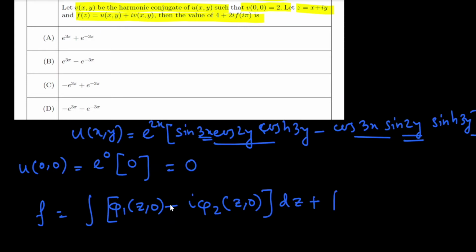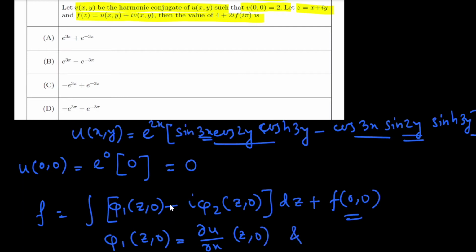Let us take this constant as f(0), which is the integrating constant, and phi 1 (z,0), here u is given, so this is del u del x at (z,0), and phi 2 (z,0) is equal to del u del y at (z,0).